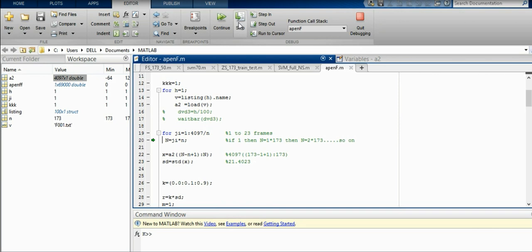4097 divided by 173, so we can divide into 23 frames, meaning one sample file contains 23 frames. Then n is equal to j into n, that means it contains 173 samples.